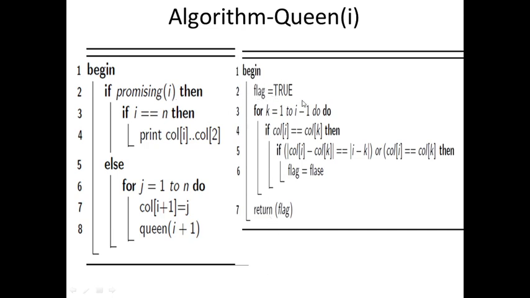Flag will be initially true, then you check whether there is a column conflict or a diagonal conflict using this formula, and if any conflict is there, then flag is set as false, then return the flag. And if it is false, then the else part will be executed. If it is true, you can place it and you can take the next queen and move through that.